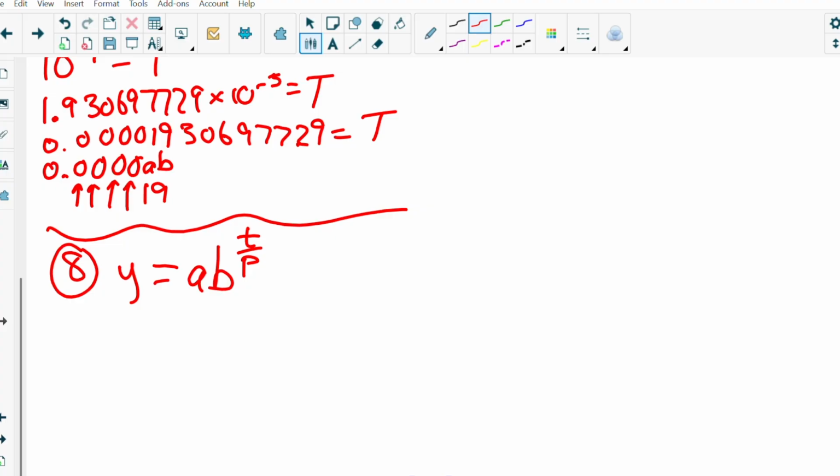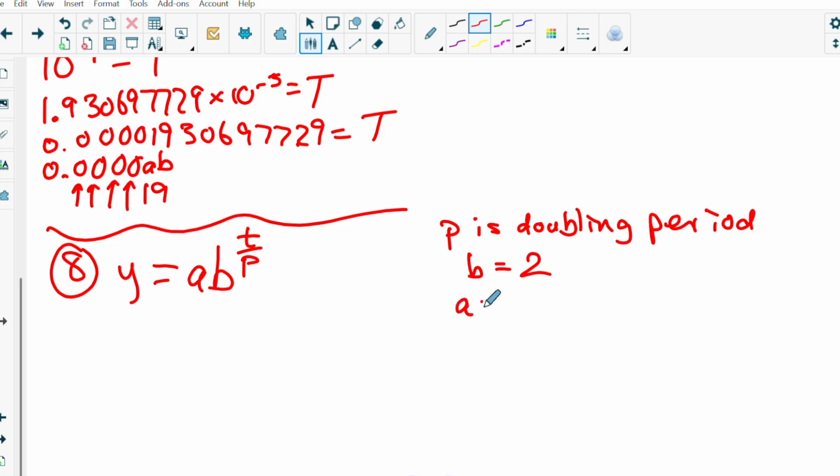This is our exponential growth equation where p is the doubling period and b equals 2, because we are talking about doubling period. So the a value is 1,000, the bacteria count. The y value, the final, is 19,500.